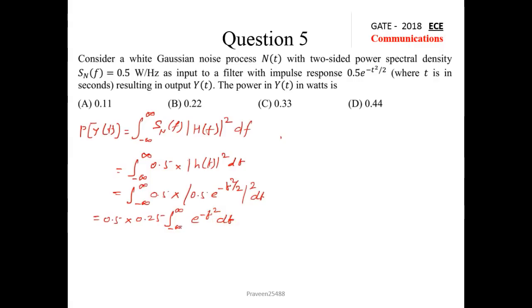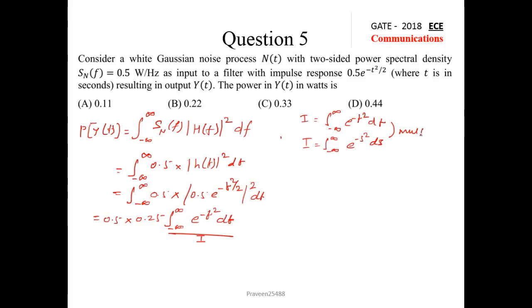So here we'll have to solve this integration. Consider this is I. Here separately I will solve this integration. I is equal to integral from minus infinity to infinity of e to the power minus t square dt. Consider another I with a different variable, e to the power minus s square ds.